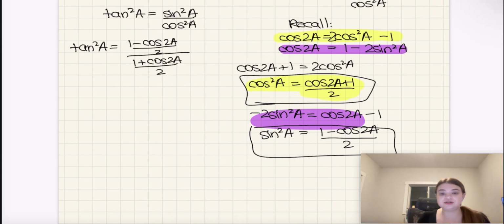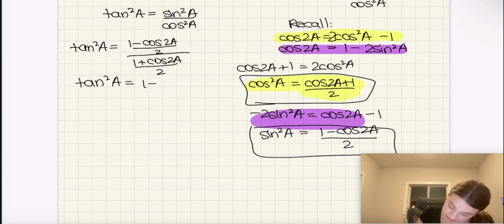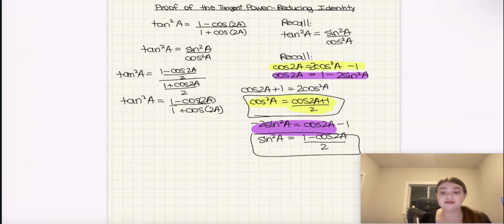And then the divided by 2's just cancel out. So we get that tangent squared a is equal to 1 minus cosine 2a all over 1 plus cosine 2a, like that. And if we go back, that's exactly the identity that we set out to prove the whole time.